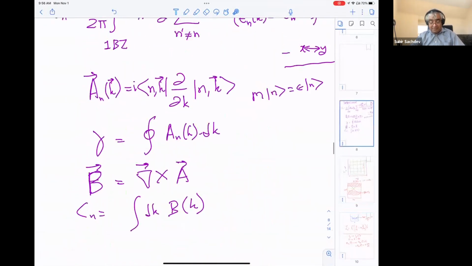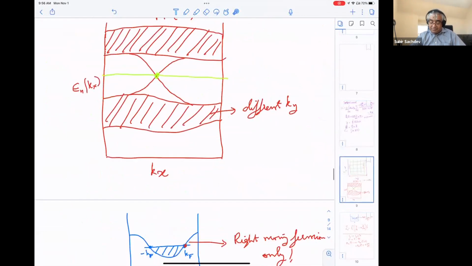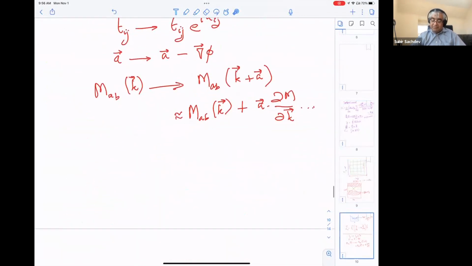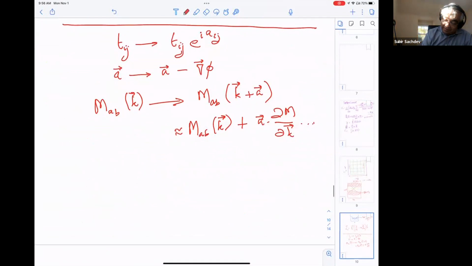And curiously, and this was the very important observation of TKNN, it's exactly the same thing that appears here in the Chern number. Now, here I've coupled the fermions. Everything in the Lagrangian is being multiplied by f dagger f, with an f dagger here and an f here.